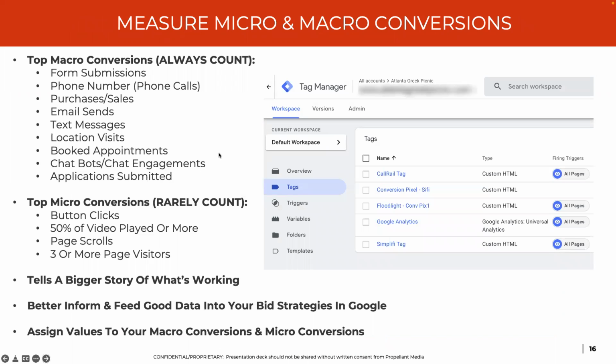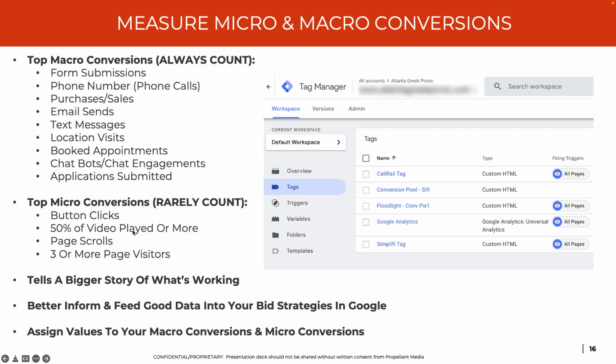Last but not least, when it comes to how you measure both micro and macro conversions, as I was mentioning earlier, you want to always set up macro conversions as your testing measures for your conversions. But I think it's also important to be able to measure what we call micro conversions from time to time as well. Micro conversions might be button clicks, page scrolls, people that have been to 3 pages or more.